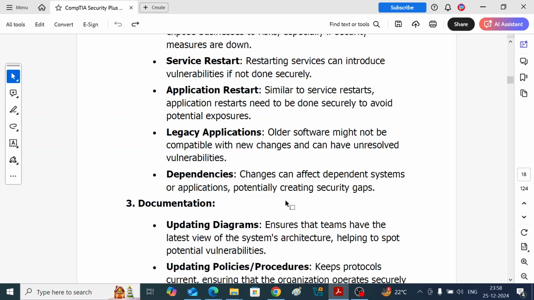Then dependencies. Changes can affect dependent systems or applications, potentially creating security gaps, right? If there is a change somewhere, and there are other applications and services that depend on it, it can create an impact there. Let's take the example of Archer, which you are using for governance, risk and compliance.